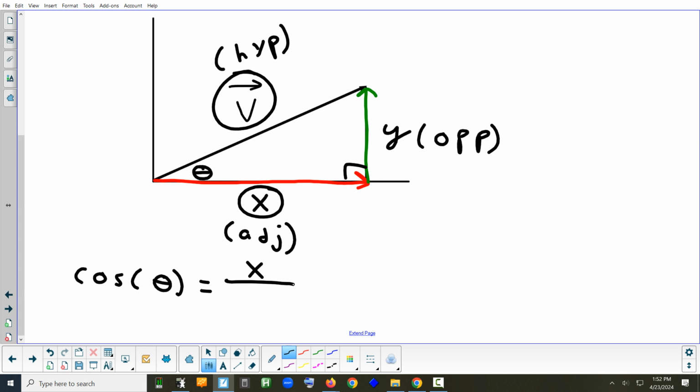The magnitude of the hypotenuse. So it's the length of the adjacent over the length of the hypotenuse, and since our hypotenuse was given as a vector, we need to put those lines around it.